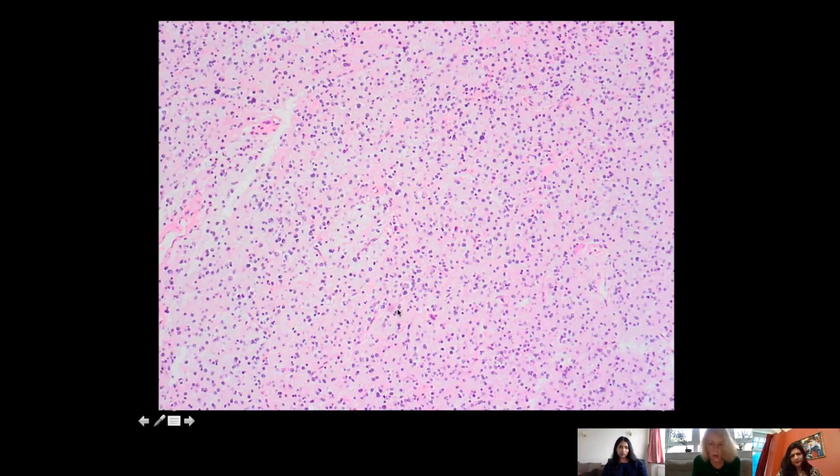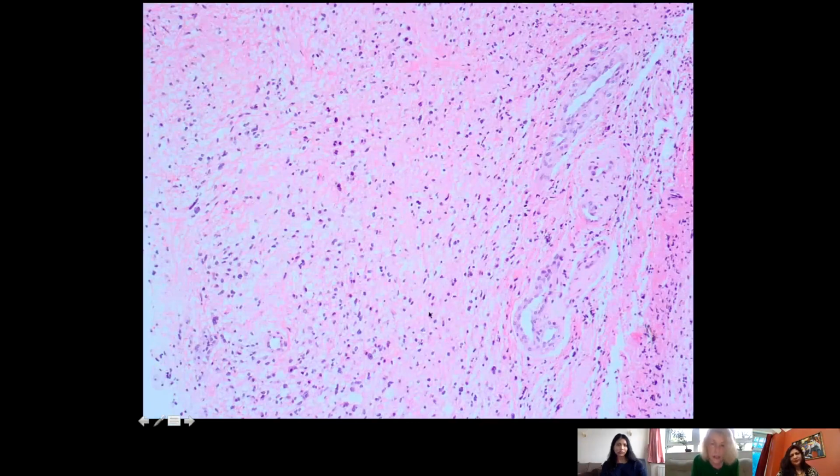And we see, similarly perhaps to the first case, that there is a mix of cells with oligodendroglial morphology, the one that we said is the fried egg morphology with the cytoplasmic clearing, as well as cells with more astrocytic features, as we see, for example, here. So more eosinophilic cells with long fibrillary processes.